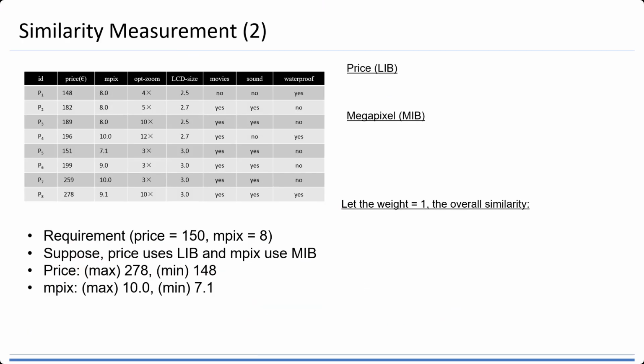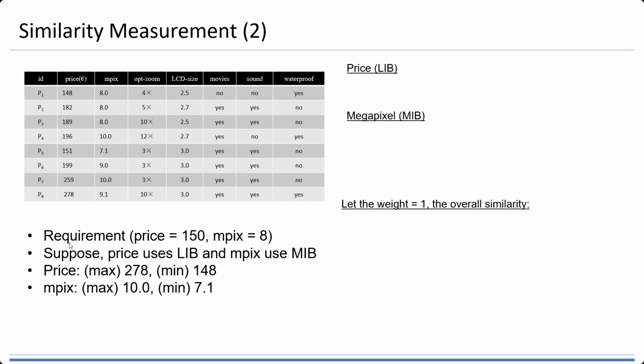So let's say we have one example. We have this database. Now for this similarity measurement, let's do the opposite. As you know, for the price, less is better. And for the megapixel, or the resolution, maximum or more is better.